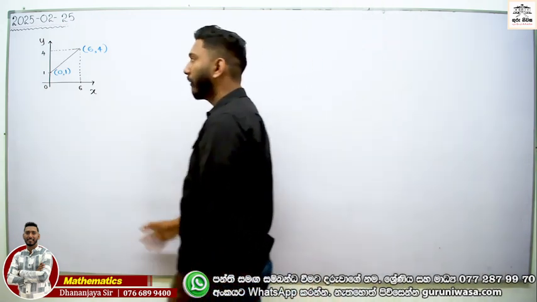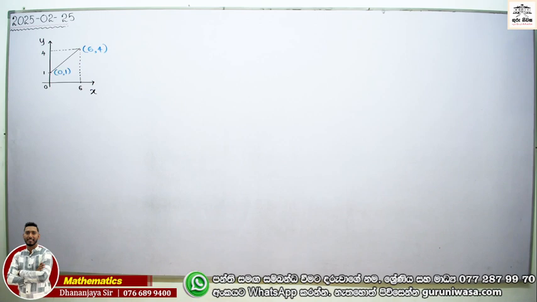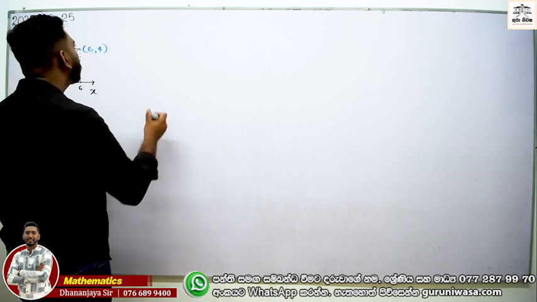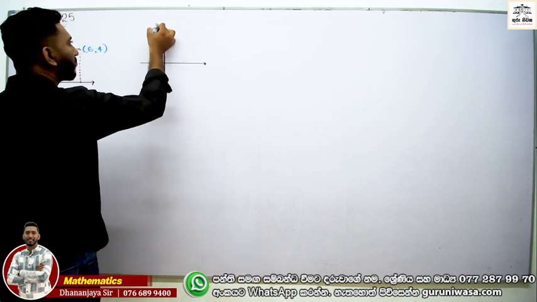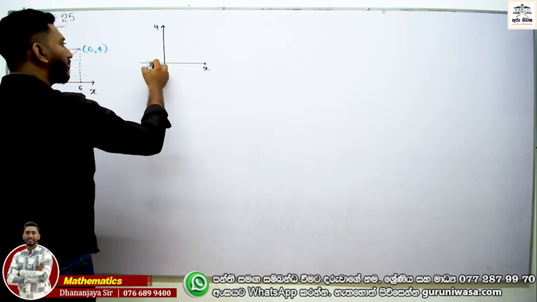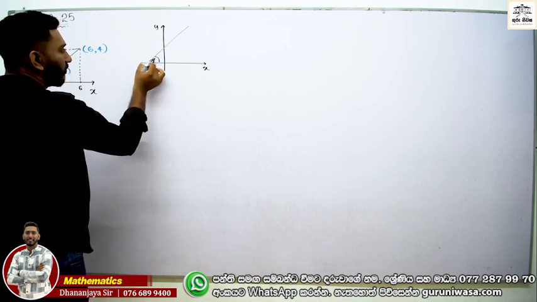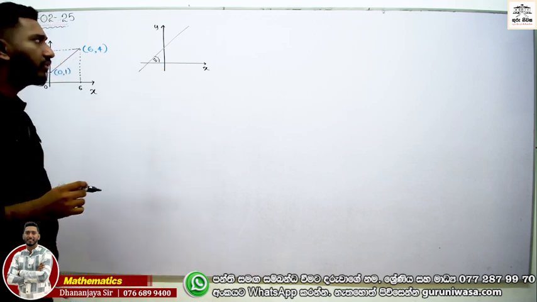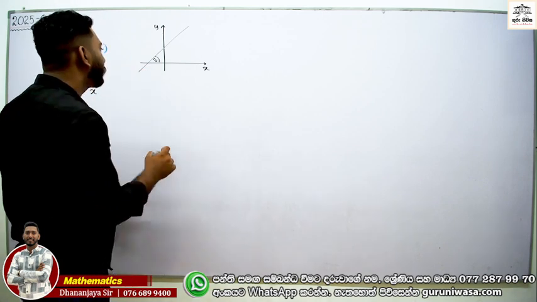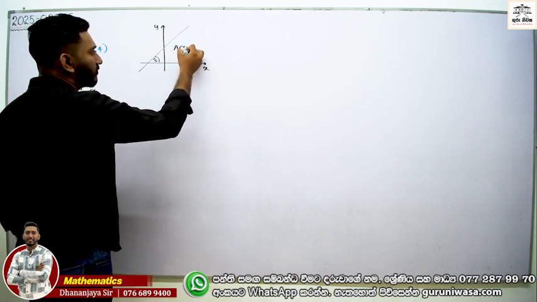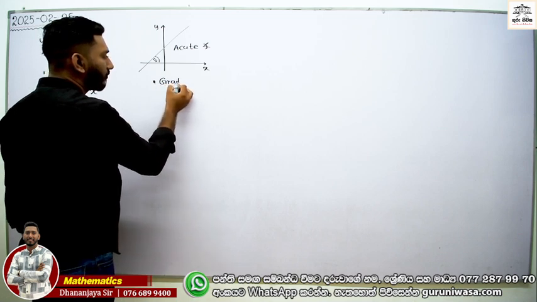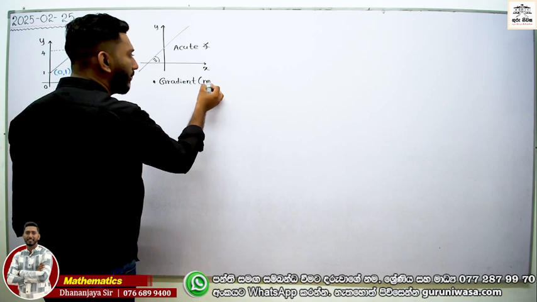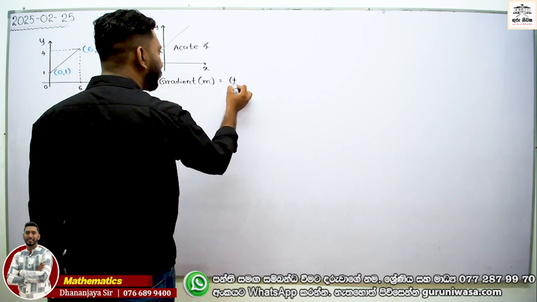Now listen carefully. For these types of questions, there are ways to approach them. Point number 1: the gradient. In these types of questions, if the line makes an acute angle with the positive side of the x-axis, then the angle is acute, and therefore the gradient m should be positive.